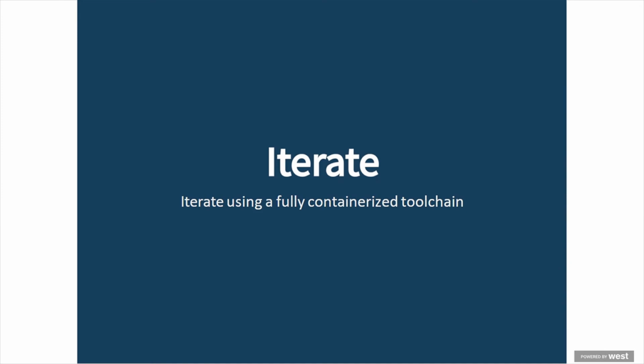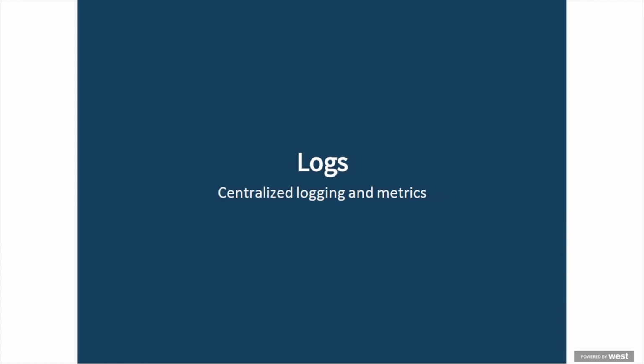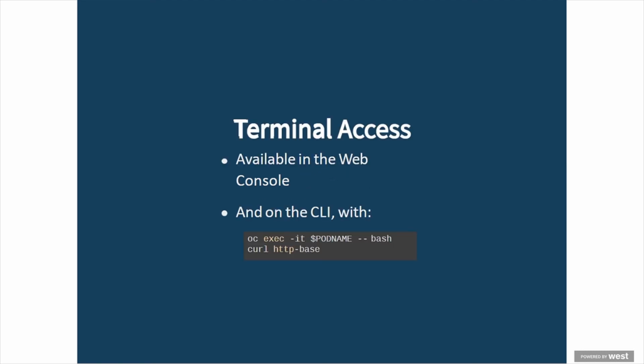This is great for iterating on solutions post-commit, but as a developer, I actually want to get feedback before I make my commits. Here's some examples of how OpenShift helps fulfill that use case as well. OpenShift provides centralized logging and metrics via Elastic, ELK Stack, and Prometheus. You also have easy access to terminals using kubectl exec or oc exec.